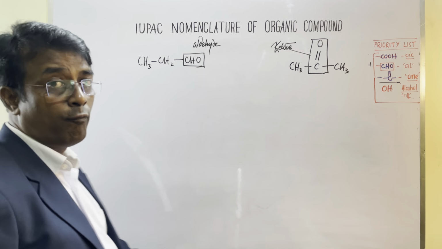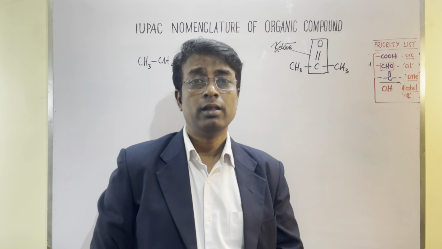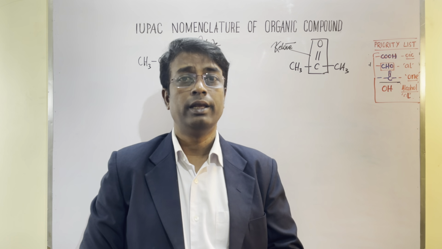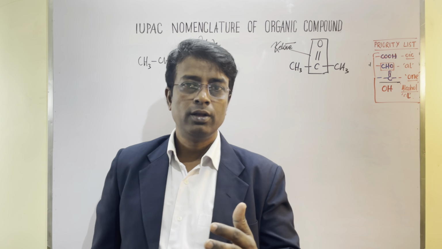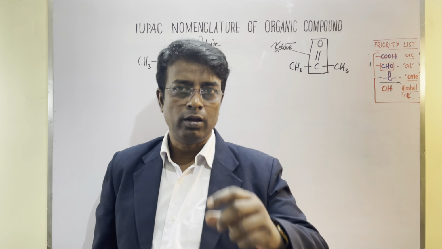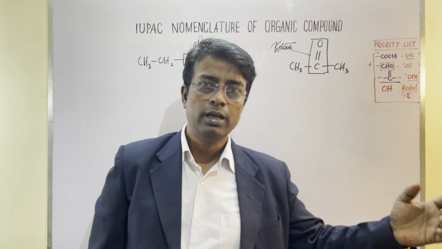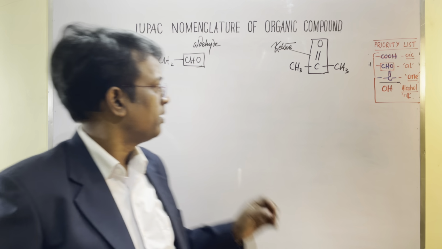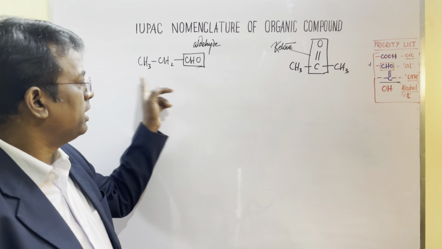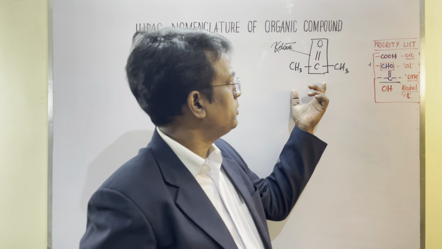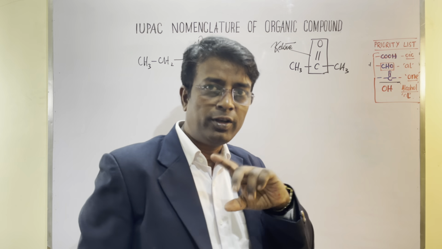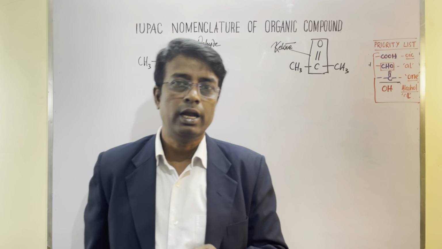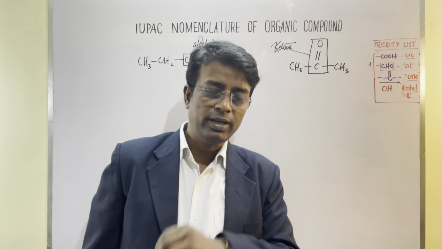Now, one important difference between aldehyde and ketone is that the aldehyde functional group always appears at the end of the main carbon chain, whereas the ketone is somewhere in the middle, but never at the beginning or at the end.